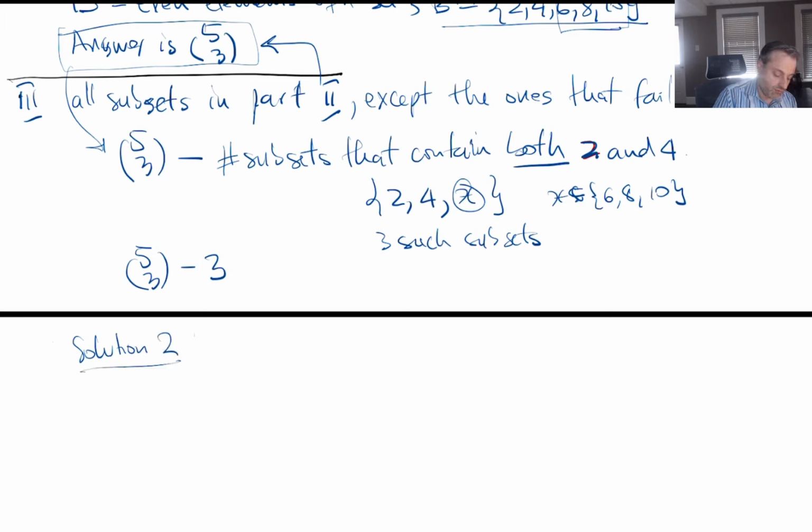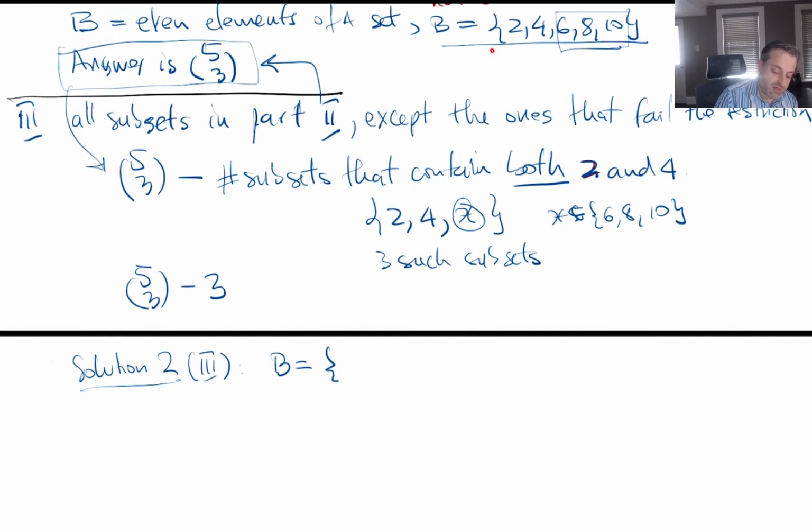I can look at B, which I have here. I can break these 2 and 4 apart. I can say that's 2 and 4 union partition, like the other part, with 6, 8, and 10.